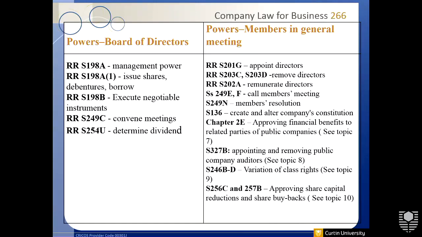If they adopt the replaceable rules, they will rely on this section, which tells us that the members have a right to remove the directors. However, because it is a replaceable rule, you can actually replace it and say members do not have the right to remove the directors. Or you can say this director is to be on the board forever until he dies. You can say that. It would still be valid for a proprietary company.